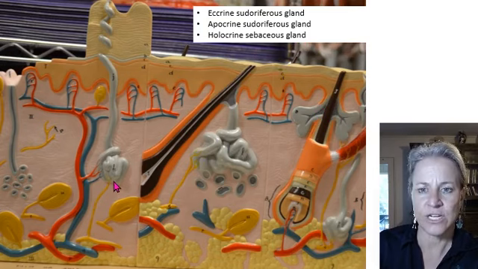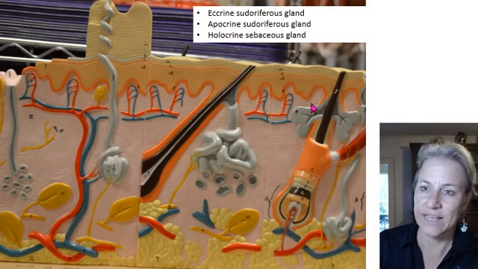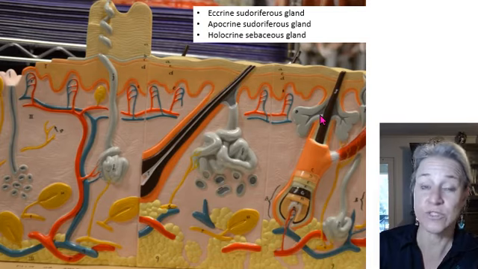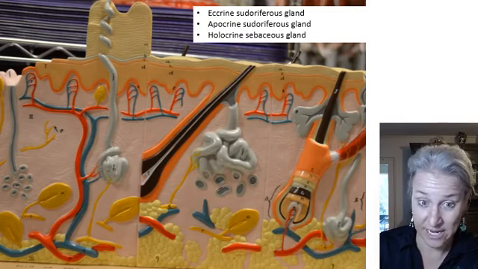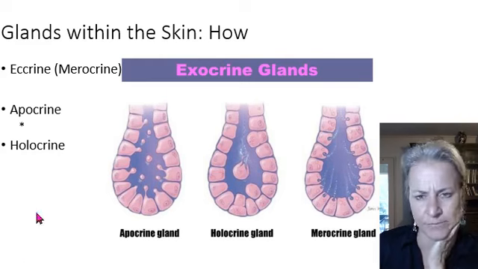So this one was the eccrine sudoriferous gland. What is the name of this one? Apocrine sudoriferous gland. And this one, holocrine sebaceous gland.